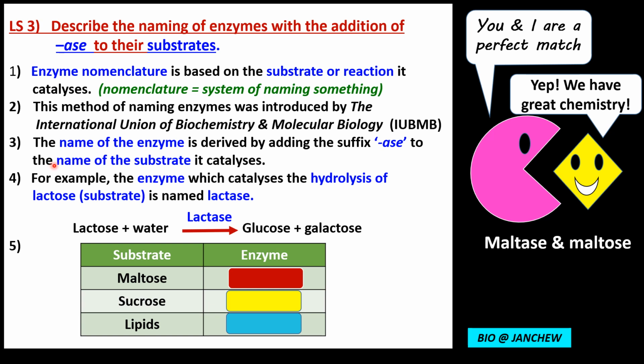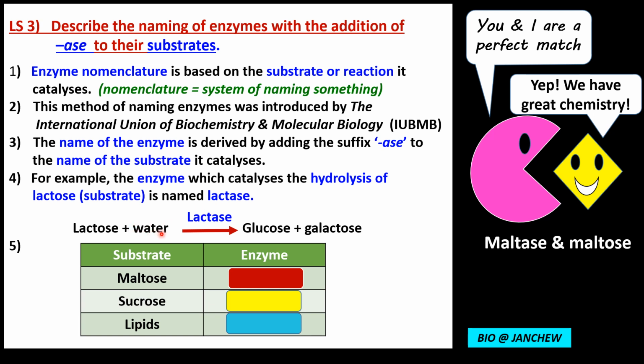For example, if your substrate is lactose, what is the name of the enzyme that catalyzes the breakdown of lactose? So add ase to the name. Take out ose and change it to ase. So the enzyme which catalyzes the hydrolysis of lactose, the substrate, is named lactase, right?